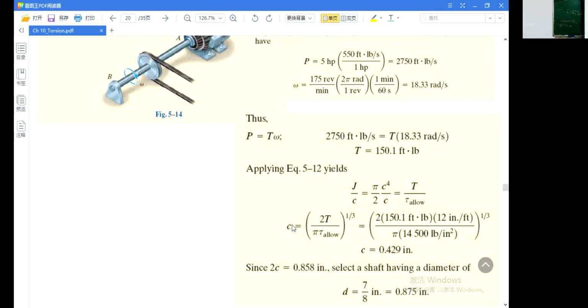But if the radius of the shaft is too large, it wastes material. So we have to find, because in the market, the shaft is made in standard sizes.